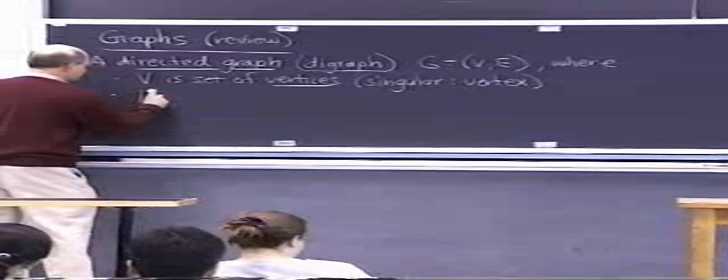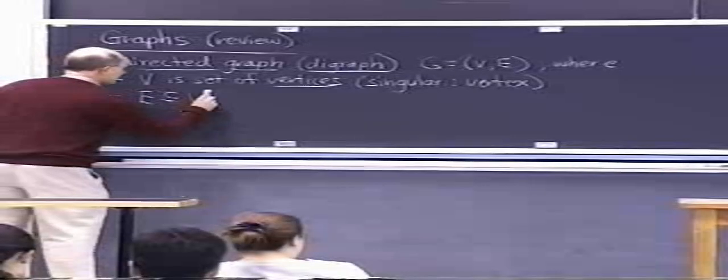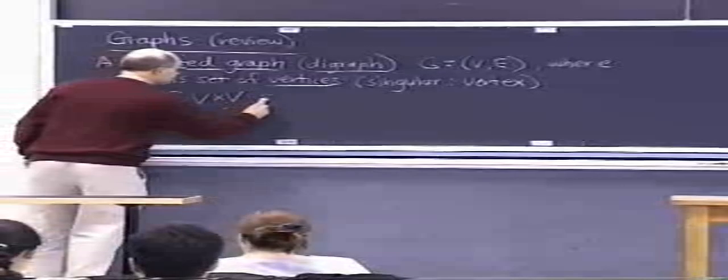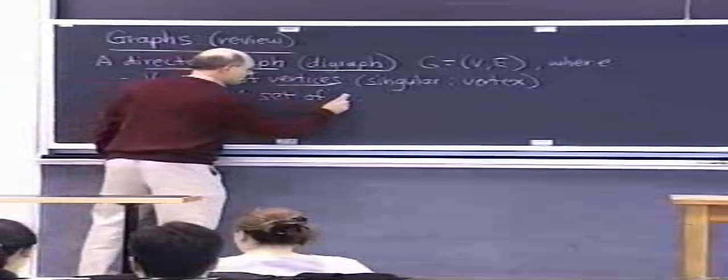And E is a subset of V cross V, is the set of edges.